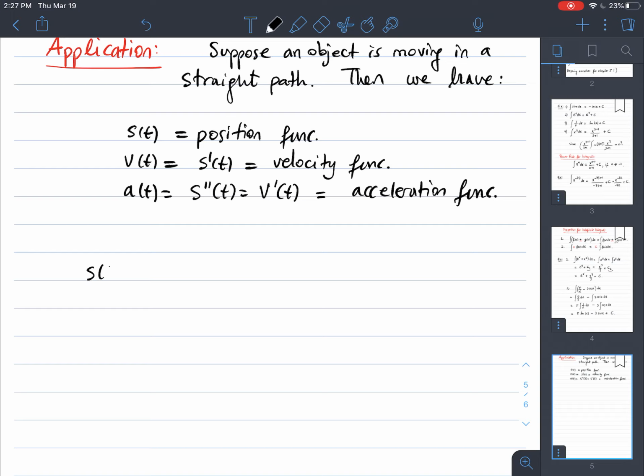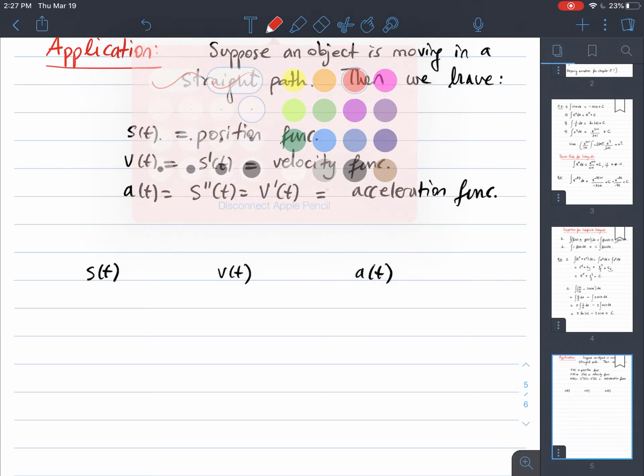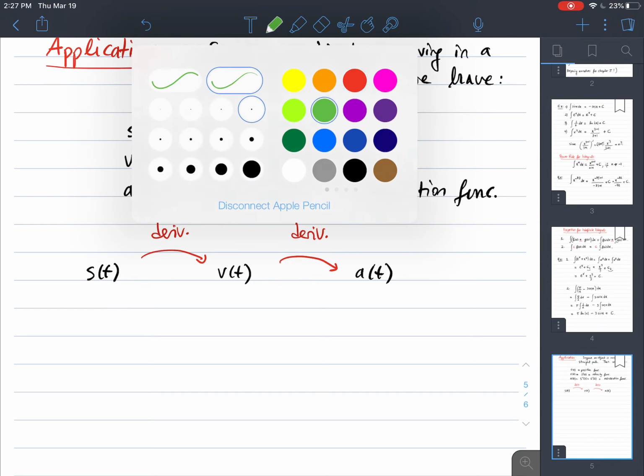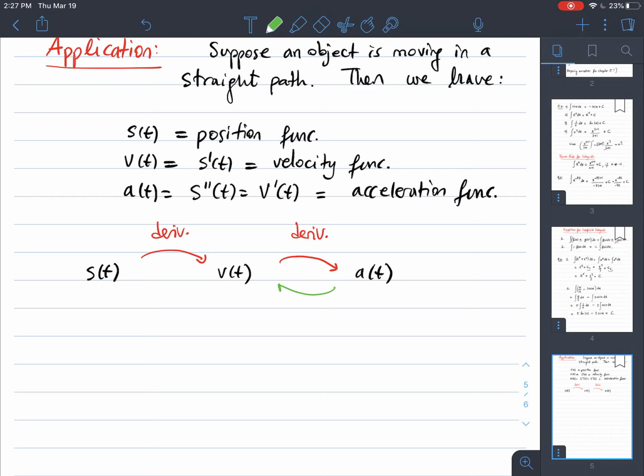So let's say s(t) is here, and you have v(t) and then a(t). So if you want to go in this direction, take the derivative. If you want to go in the opposite direction, then you take the antiderivative.